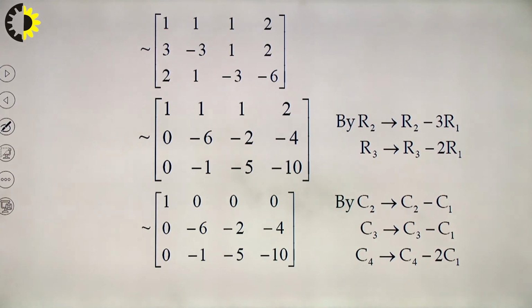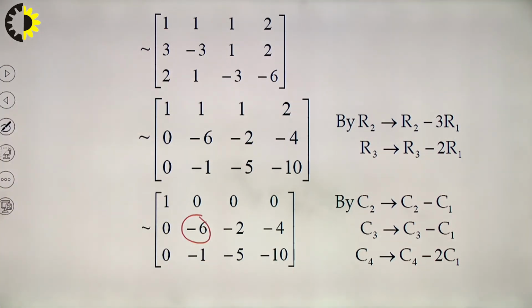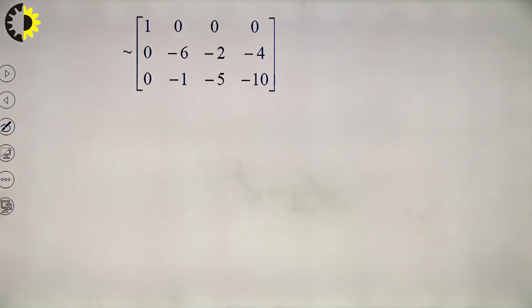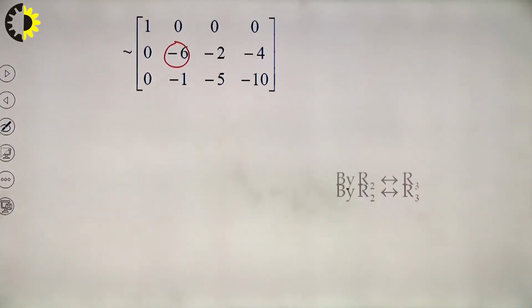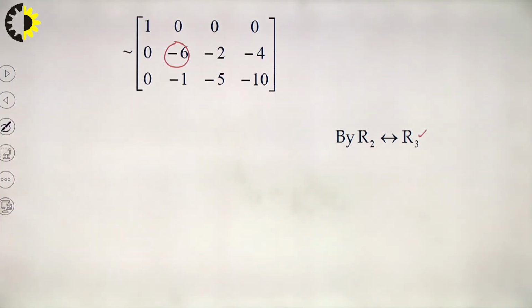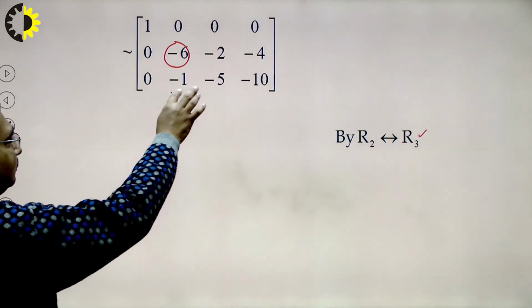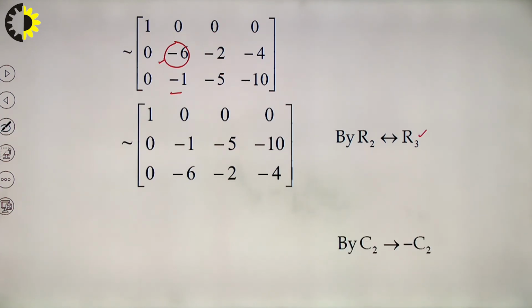Now, this element will be converted to 1, and then we will convert the remaining elements of the column to 0. To convert this element to 1, I apply the transformation R2 replaced by R3, so that this minus 1 is written at this place, and then that minus 1 will be transformed to 1.